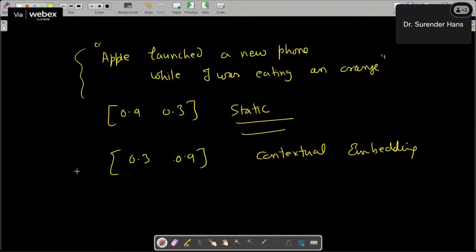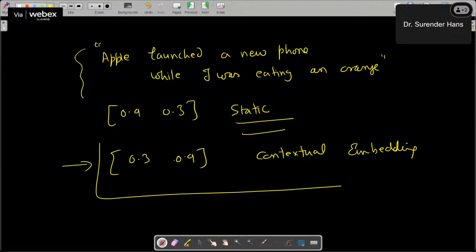This one is much better because it's dynamic. And the network should be smart enough that it should not get confused with this orange, because orange is being used in this sentence as a fruit. Yes or no?